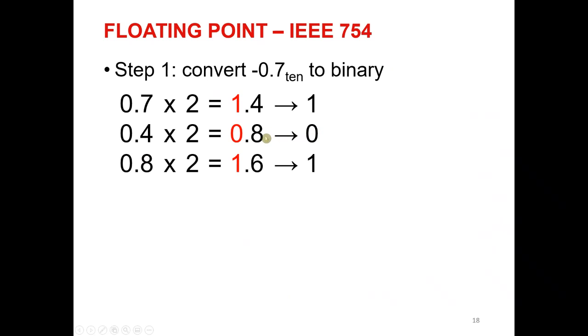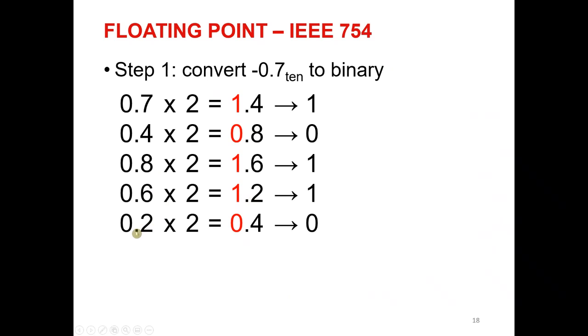Then 0.8 times 2 is 1.6, so we have a 1 here, and the remainder is 0.6, which I multiply by 2. I get 1.2, which gives me a 1. Then the remainder is 0.2, which I multiply by 2, giving 0.4. I have a 0 here, so I put the 0 here.